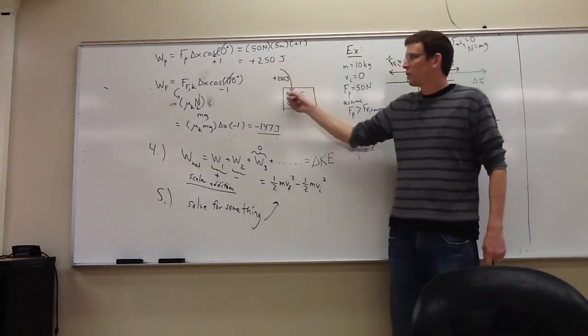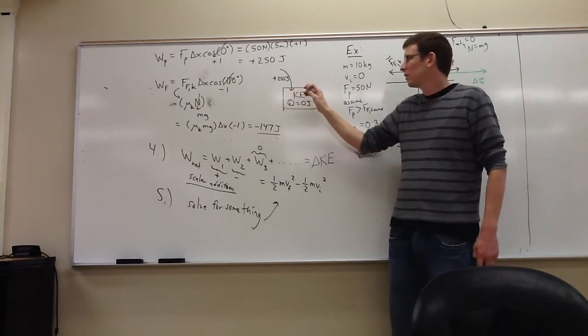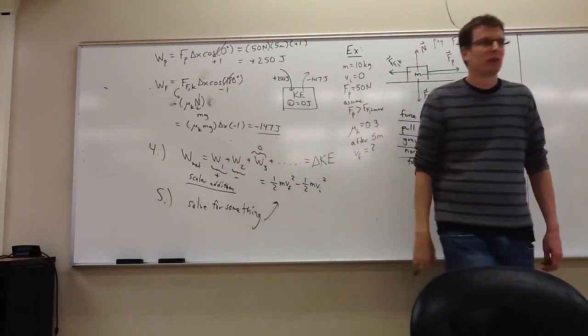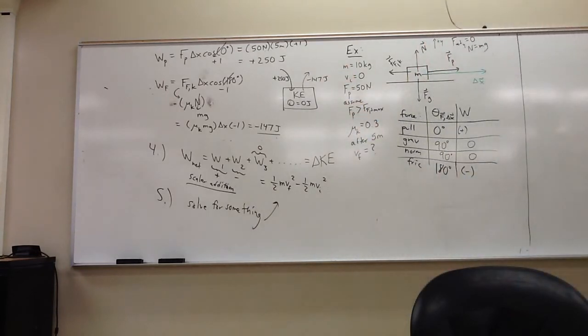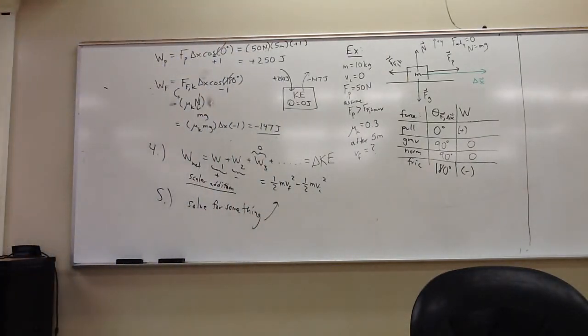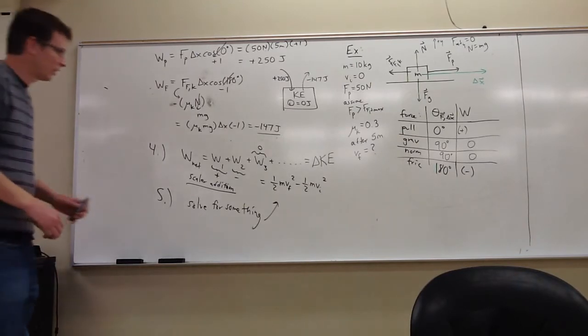So if another force puts in 250, then friction takes 147 away. So your overall balance is not going to be 250. It should be 103, right? Okay. So what am I doing there? I'm balancing my checkbook. I'm looking at all the deposits and withdrawals to get the net worth.